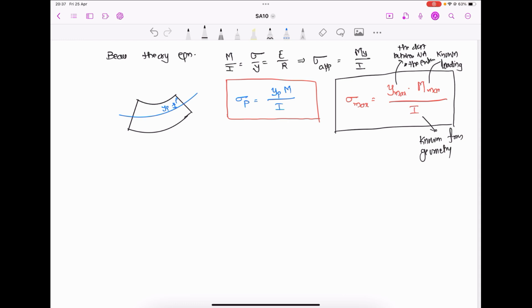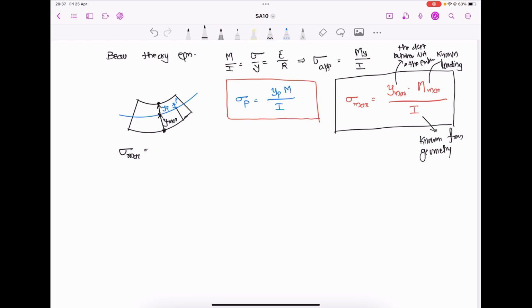Here the extreme fiber is here, here the extreme fiber is this. You see, what is Y maximum? This is Y maximum. Once you know Y maximum for the given geometry, for the fiber, and M maximum and I, we can find out the maximum stress applied at that particular point.